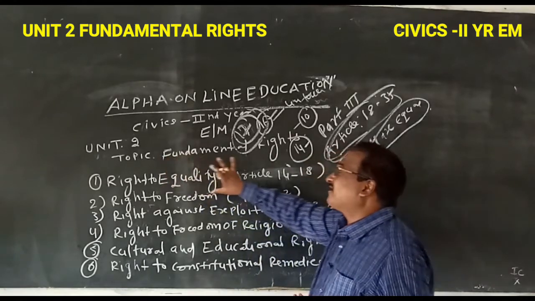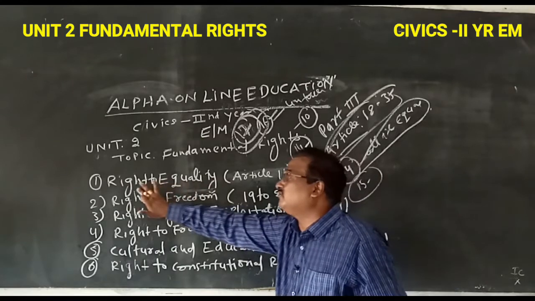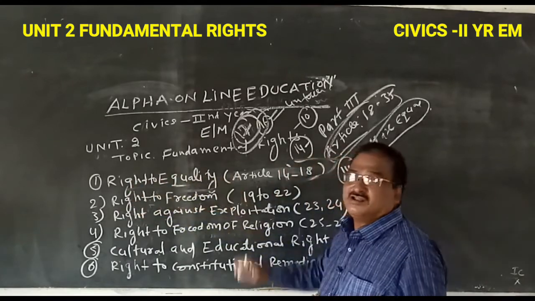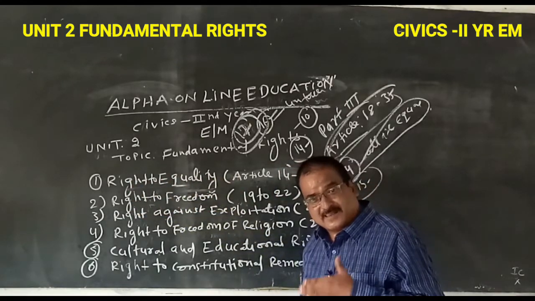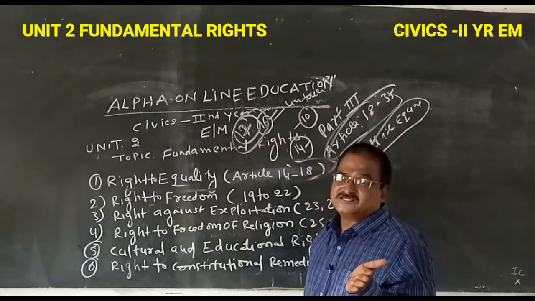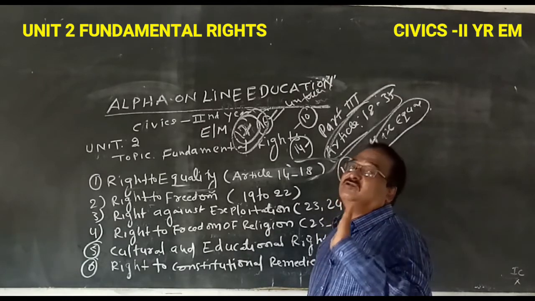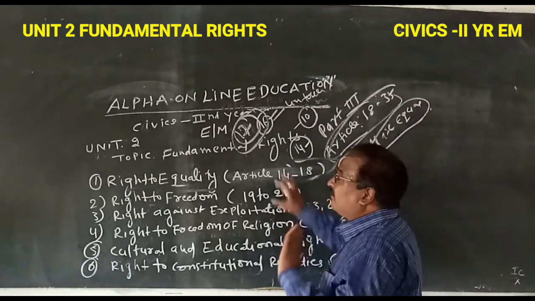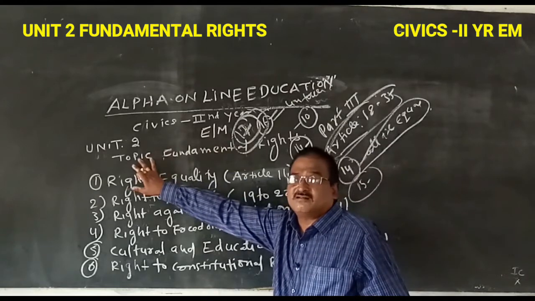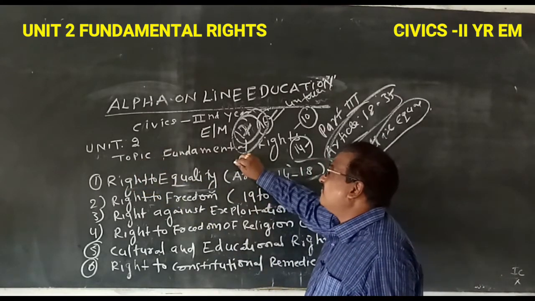So this is the right to equality. The major aim of the right to equality is that all are equal before the law and before the state, and untouchability is a crime. All are equal under the right to equality. This is the first right.